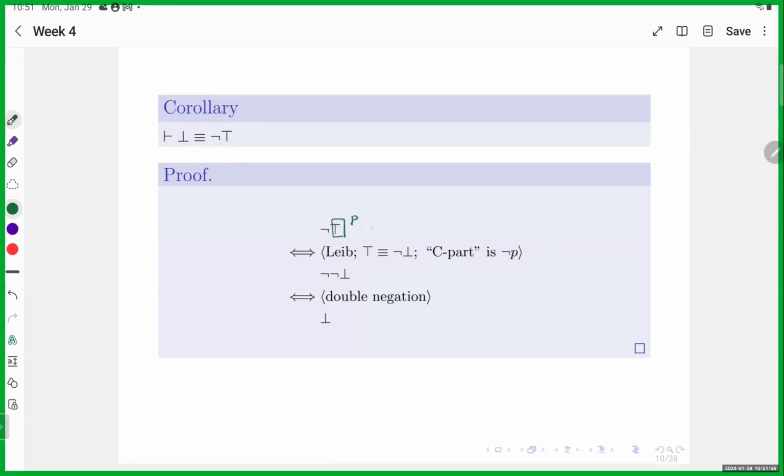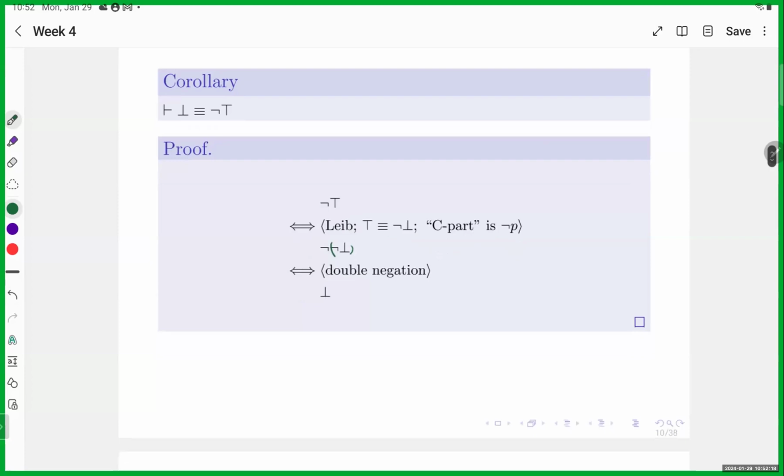But the C part, if I take it to be, again, negation of P, allows you to substitute top with what is equivalent to it. And I know it's equivalent to negation of bottom.